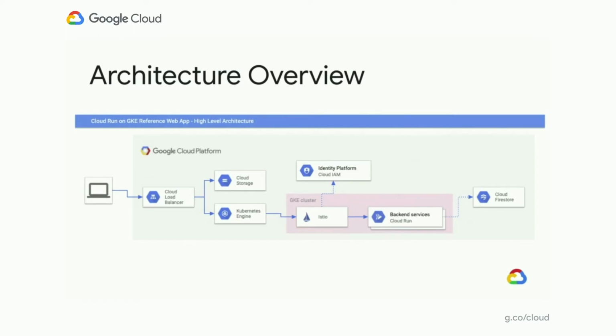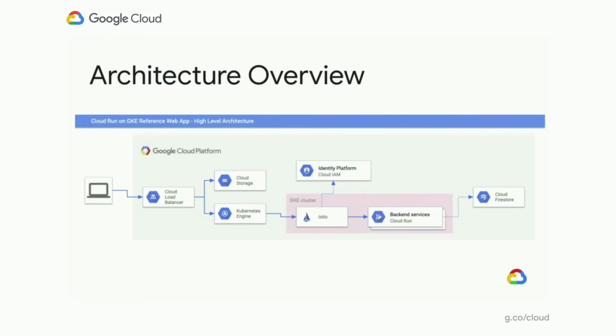In this case, we've implemented the application using Angular and Go, but the infrastructure patterns that we demonstrate here are not specific to these languages. So as a quick overview of the architecture, it's comprised of a front-end UI and multiple back-end stateless services. It's exposed through a Google Cloud load balancer, which provides a consolidated endpoint to our end user.